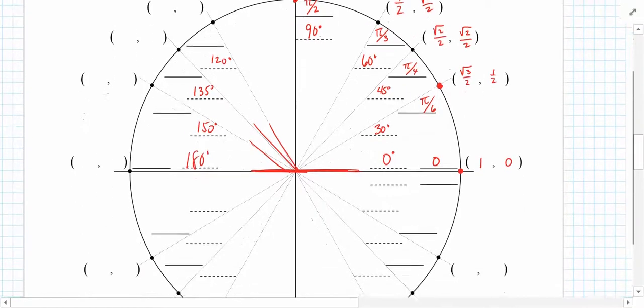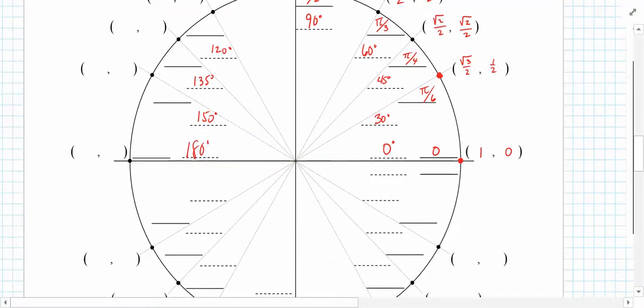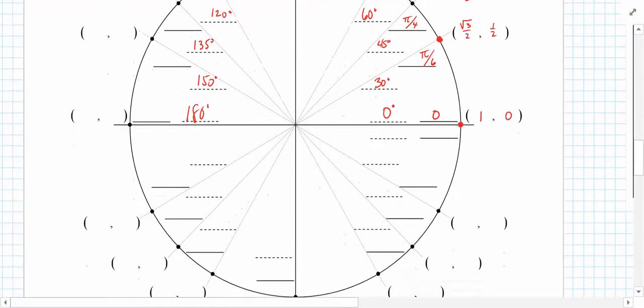Let's use that pattern to fill in the rest of the angle measurements in degrees for the remaining values of this unit circle. 30 degrees beyond 180 is 210. 45 degrees beyond 180 is 225. 60 degrees beyond 180 is 240 degrees, and 90 degrees beyond 180 is 270 degrees.